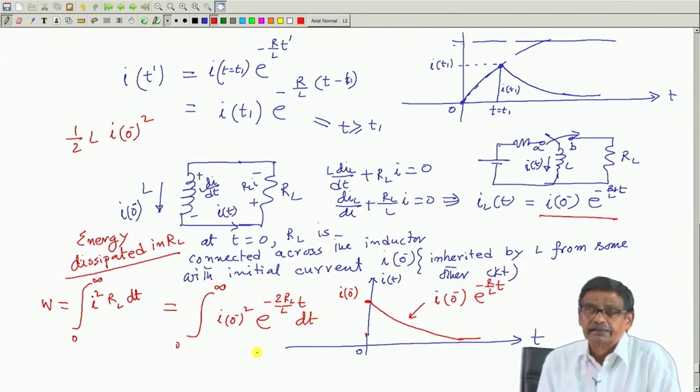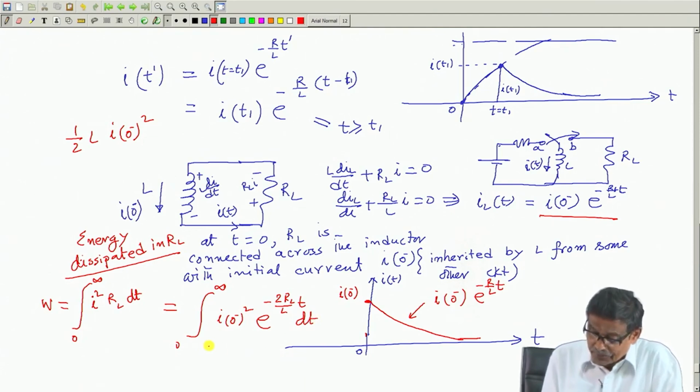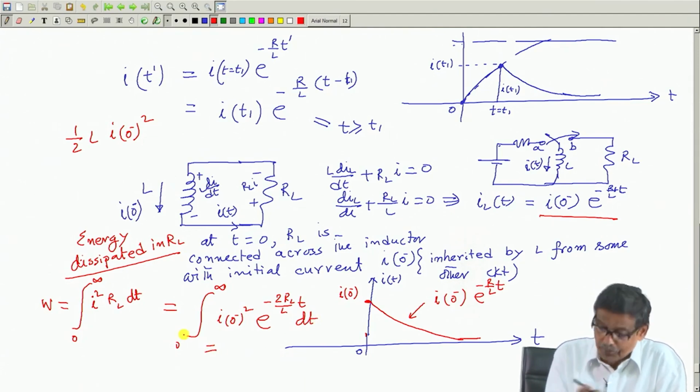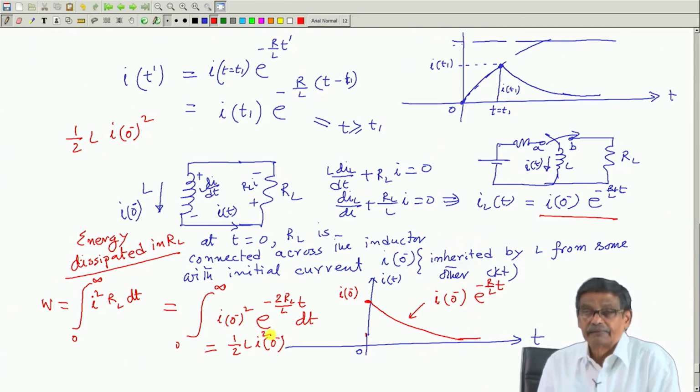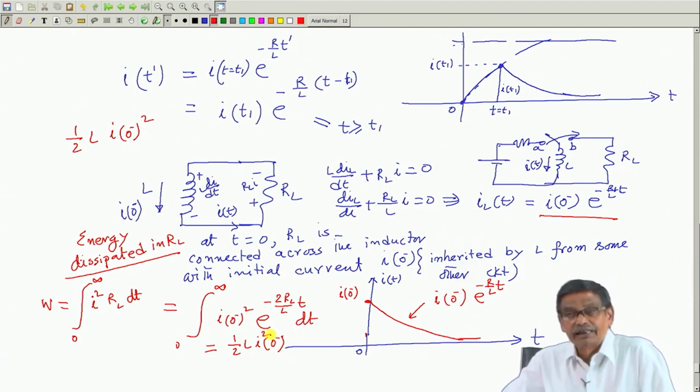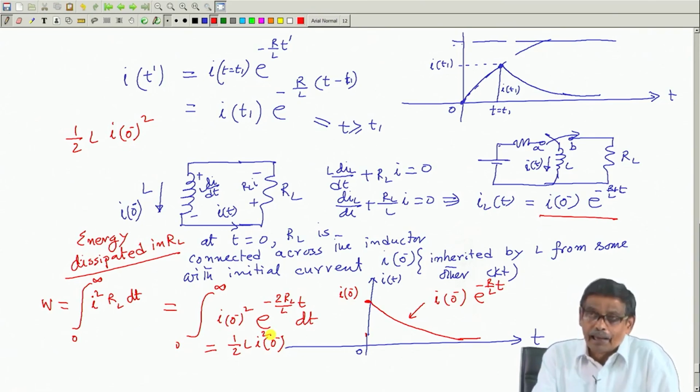Now, you integrate this, but I am telling you this integration has to be equal to half L I naught square, because whatever was the energy stored, that must have been dissipated. For example, you have connected a lamp here, a small lamp.